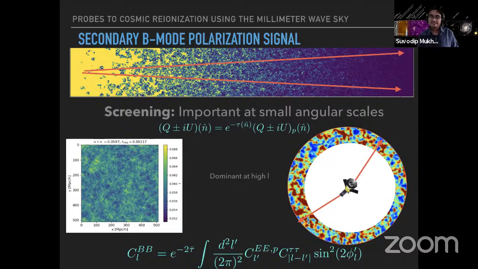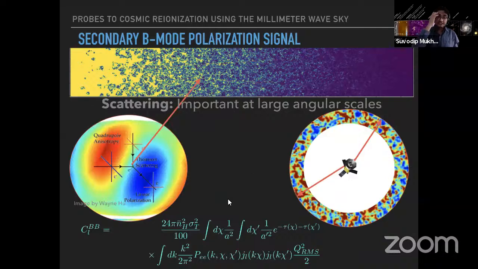The electron density is significantly inhomogeneous. As a result, your average optical depth is not the same, but it has a fluctuation. So locally, if I have a polarization field, there is a conversion from the pure E mode to B mode because of the fluctuation in the optical depth. And that gets imprinted in the polarization field of the cosmic microwave background.